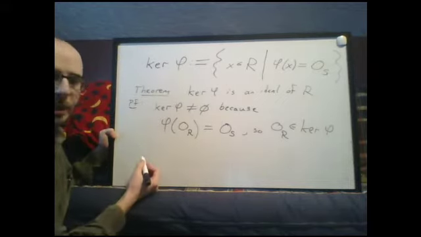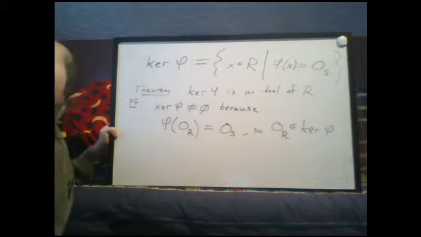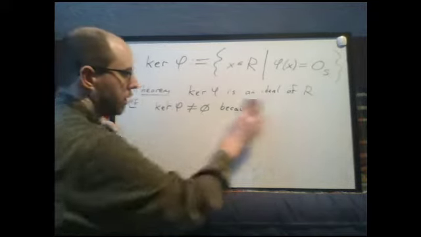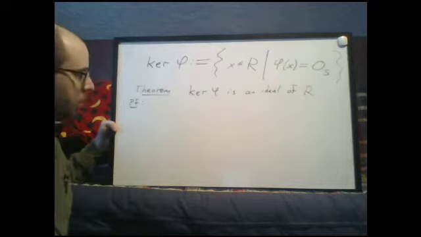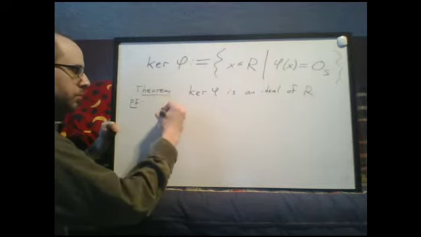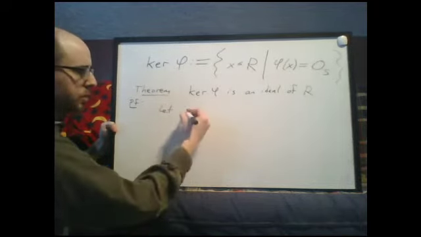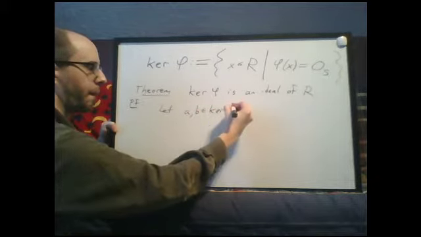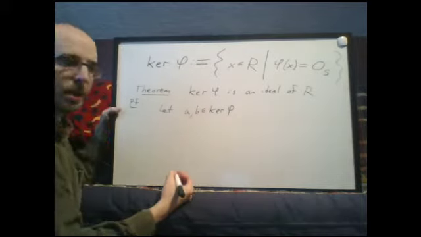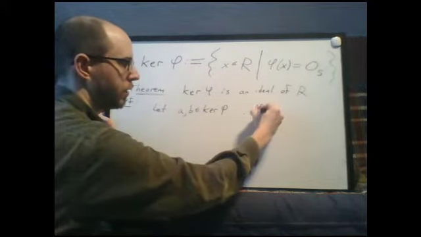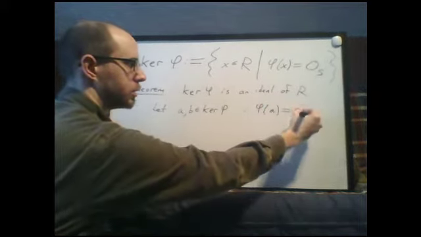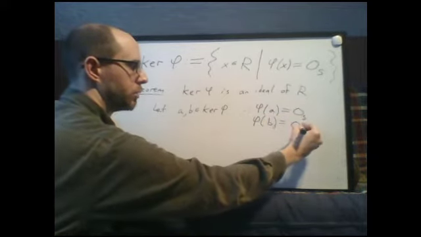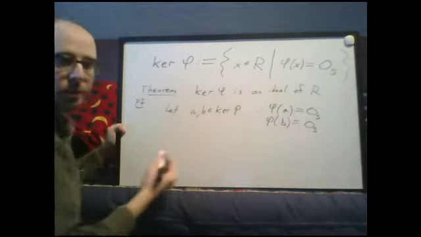So it's non-empty. Let's check that it's closed under subtraction. Pick two elements from the kernel, A and B. That means phi of A equals 0 sub S and phi of B equals 0 sub S because they're both elements of the kernel.